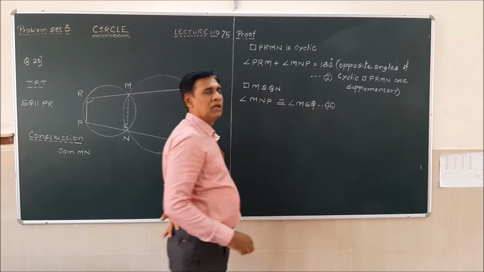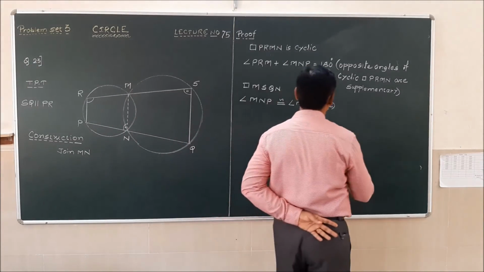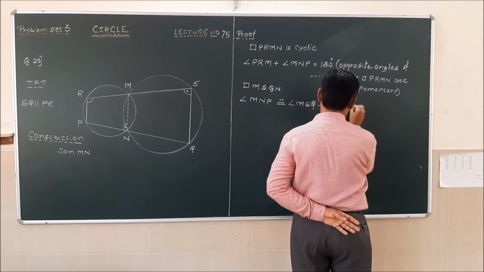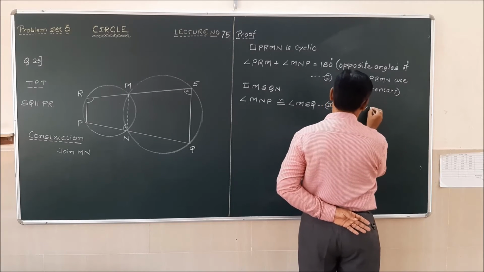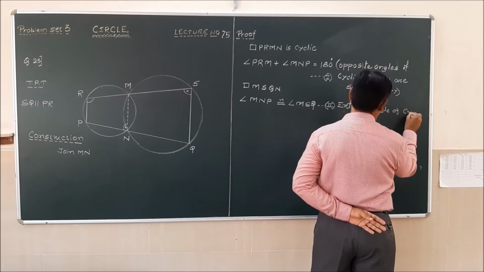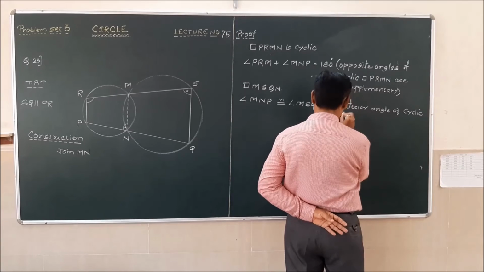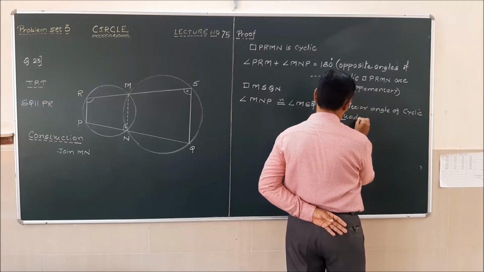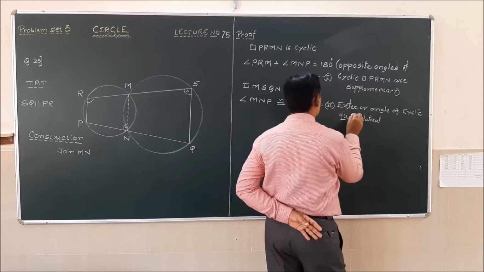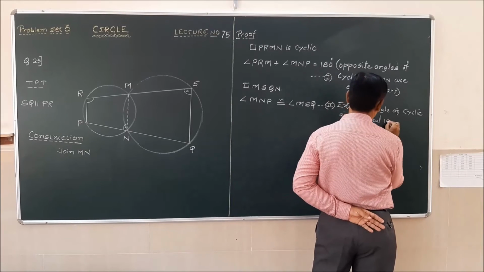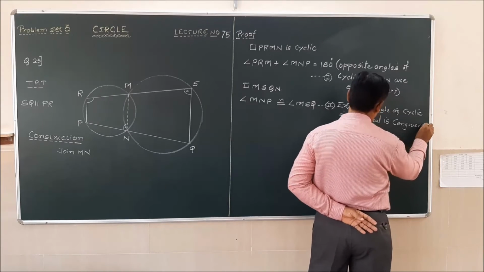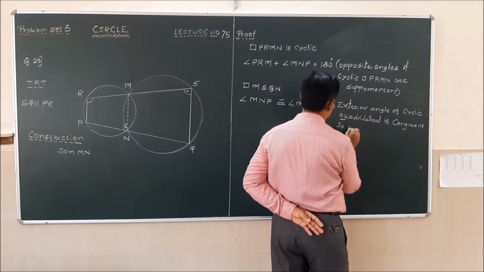The reason for 2 is: the exterior angle of a cyclic quadrilateral is congruent to the remote interior angle.